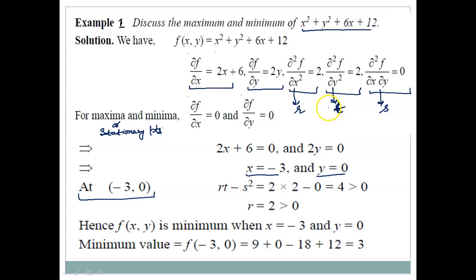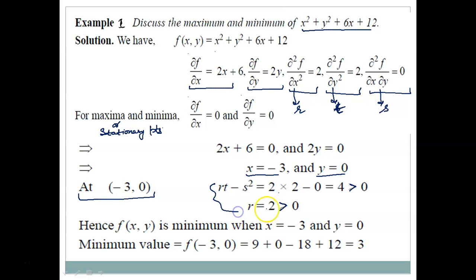You can see all these are constants, so whatever the value of the point is, we cannot substitute it here to find the values of these second order derivatives at the point (minus 3, 0). These values remain the same, so r remains 2, s remains 0, and t equals 2. So rt minus s square means 2 multiplied by 2 minus 0 is 4, which is greater than 0. And r is 2, which is greater than 0.